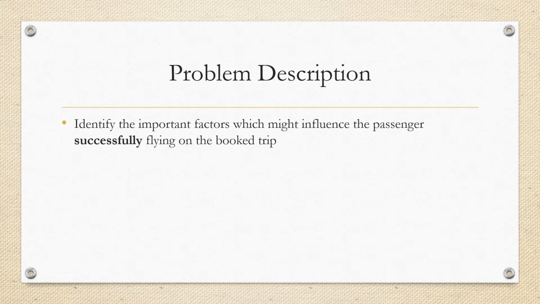For this project, the purpose is to identify the important factors which might influence the passenger successfully flying on the booked trip. We need to mark the success because we have one attribute to describe whether the trip is successful or not.